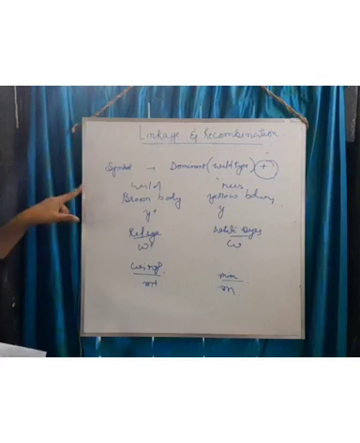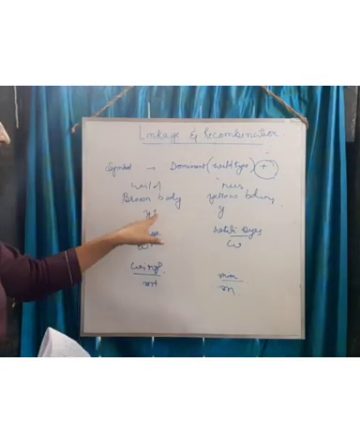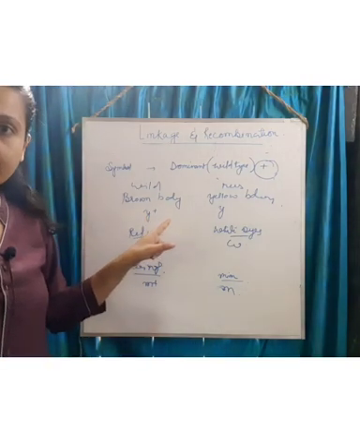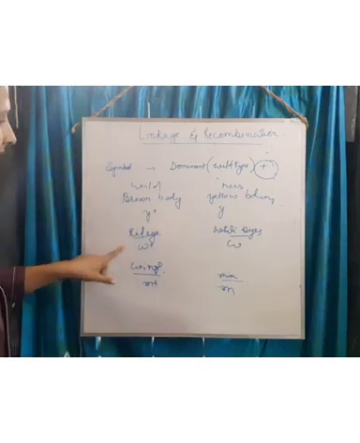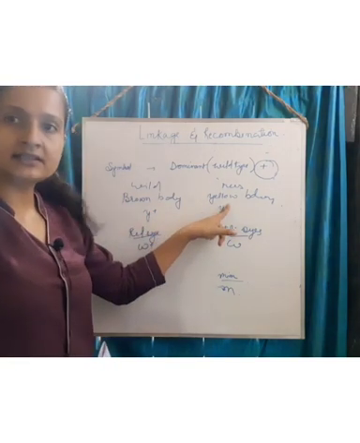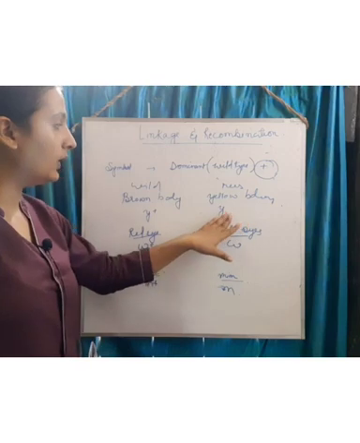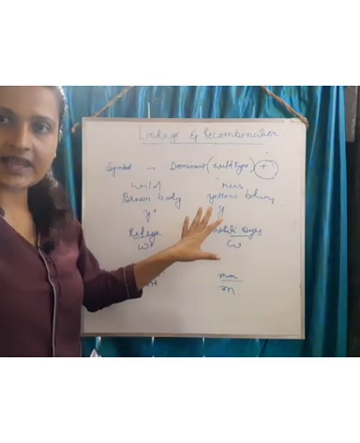I hope that you all can follow. Remember that if there is a plus sign, it means a dominant character. Clear? And if there is no sign, simply written, then it is your recessive character.